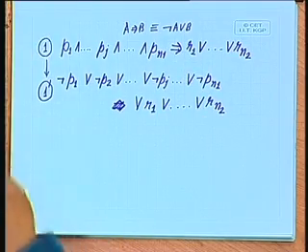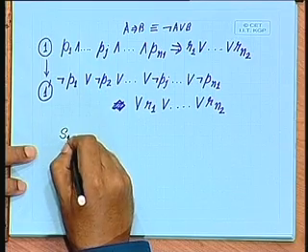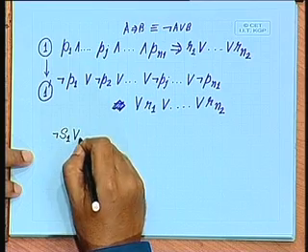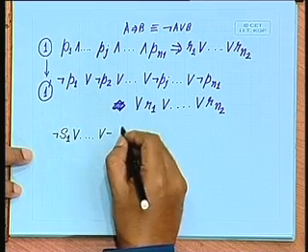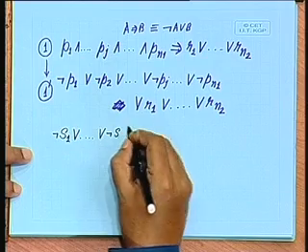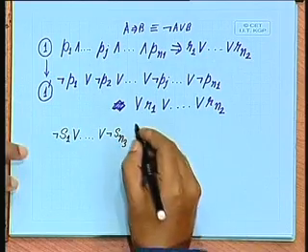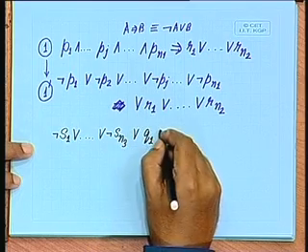Then likewise, if you look at the second one, we have S1. So, we will have not of S1 or dot dot dot or not of Sn3, right, or Q1.